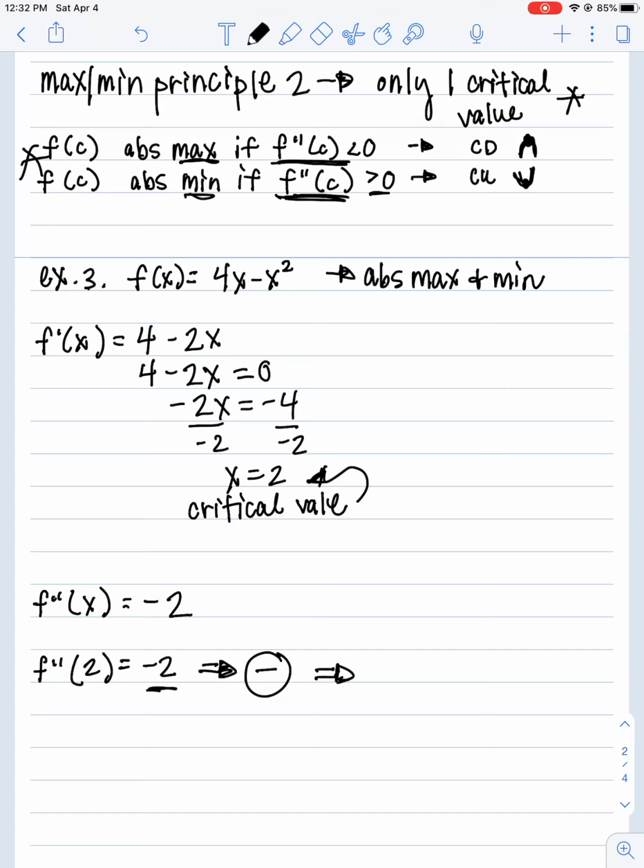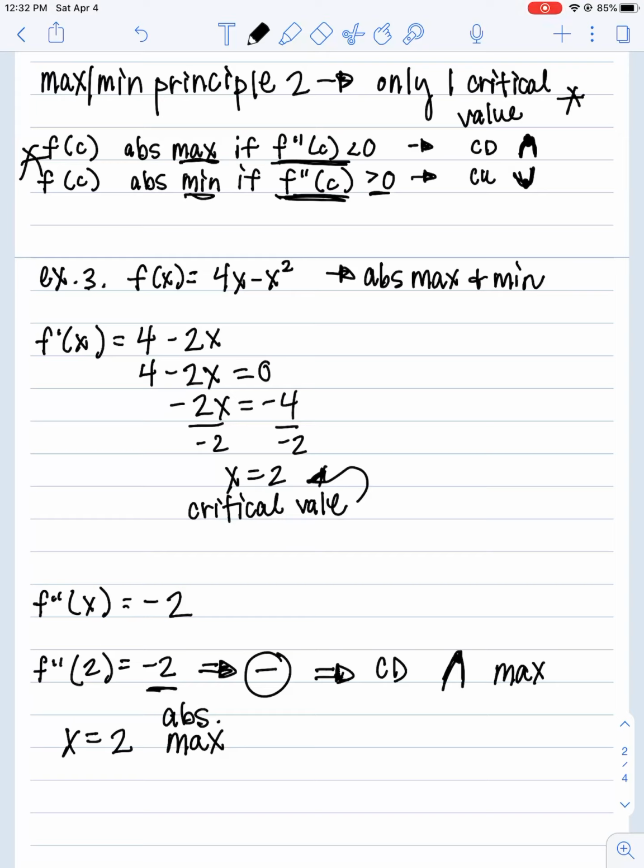And if the second derivative is negative, that means, just like up here it says, that means that you are concave down. And for those of us that still need a picture, concave down looks like a frown. And so if you're concave down, you are clearly going to be a maximum, which means x equals 2 is a maximum. And it's not just a maximum, it's the absolute maximum because it's the only one on the graph.